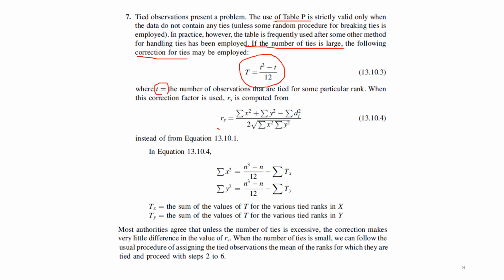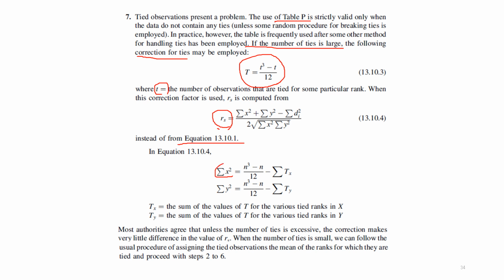T is the number of tied observations. For the RS calculation, we use the sum of x squared, the sum of y squared, and subtract the value. It is from the formula in 13.10.1 and the equation for r squared.